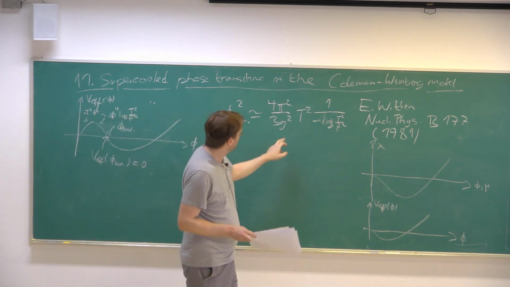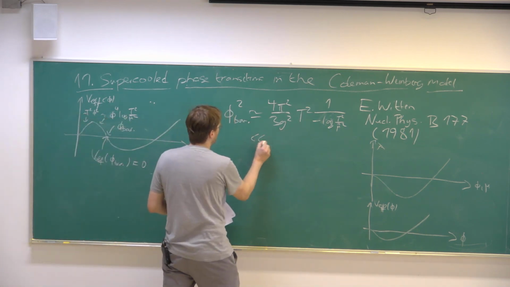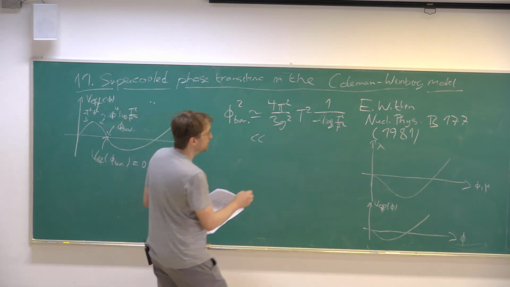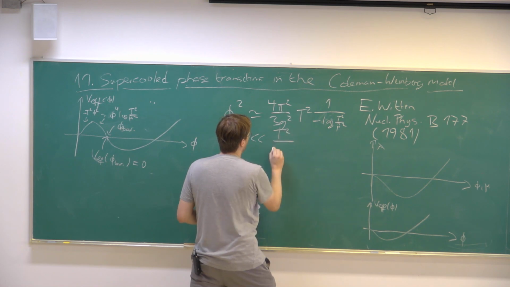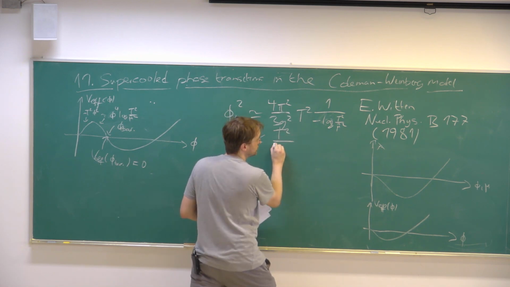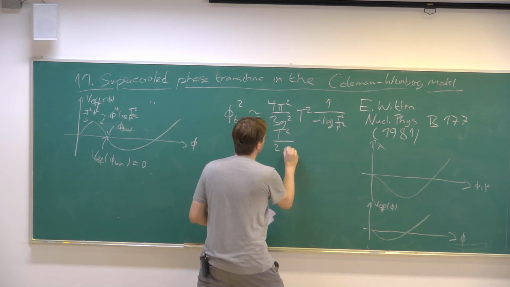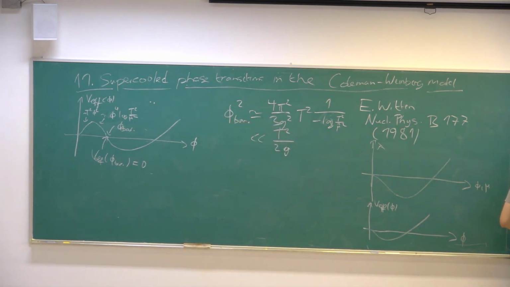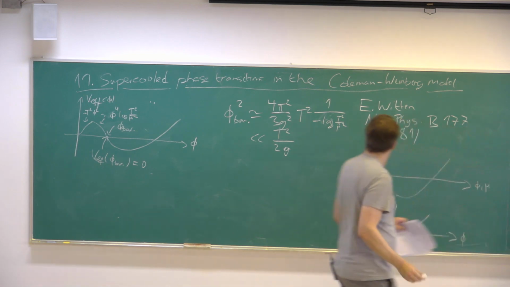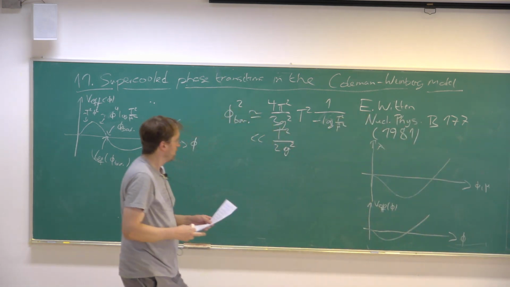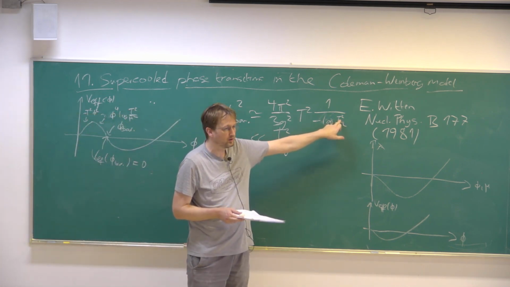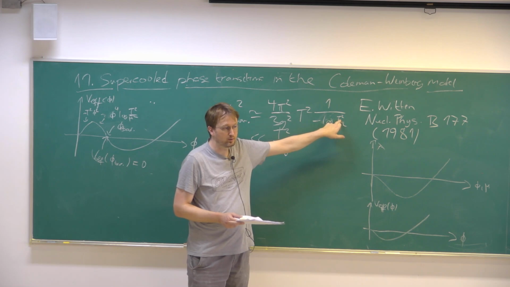You want this to be less than T squared over 2g squared, to be in the regime where this is valid. The point is that if the temperature becomes small enough, so if you are in a very supercooled regime, this is fulfilled.